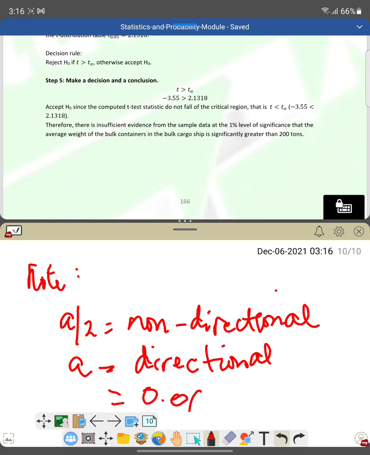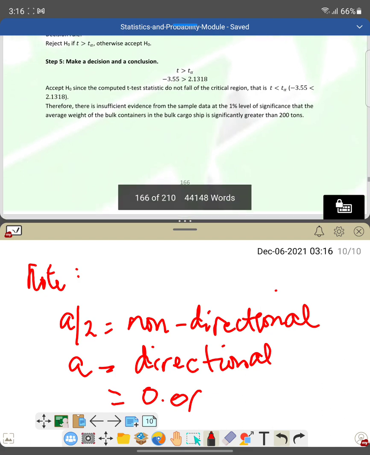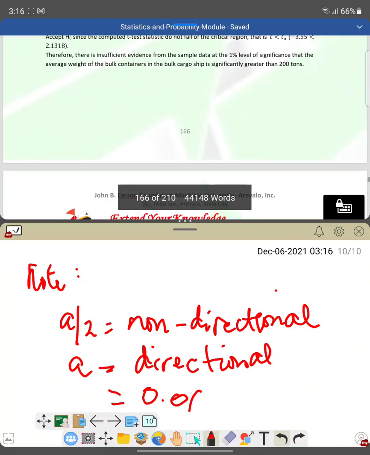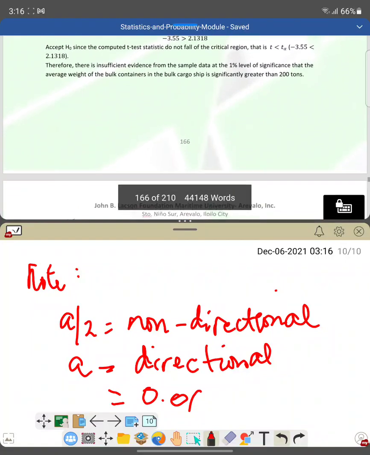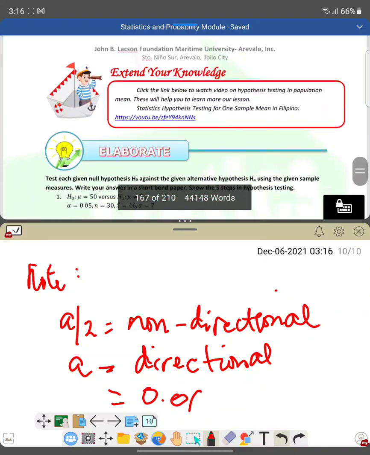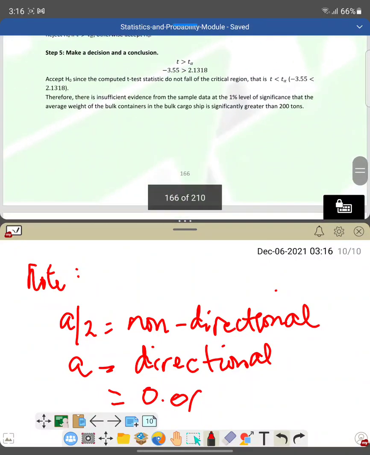Accept, since the computed t-value does not fall in the critical region. Therefore, there is insufficient evidence from the sample data, at the 1% level of significance, that the average weight of the bulk containers in the bulk cargo ship is significantly greater than 200. Okay, so that's it.